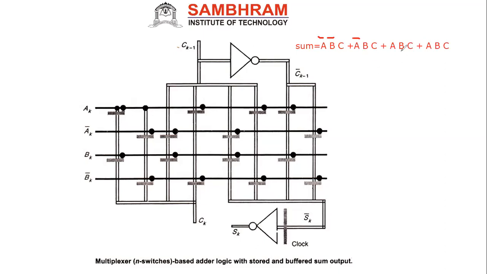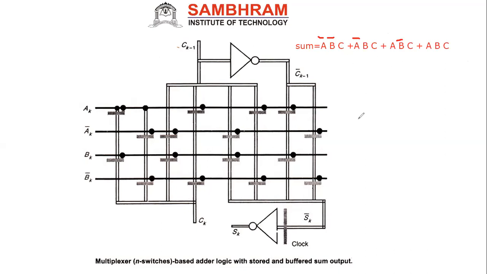Next, 1, 0, 0. Next, when do I get sum equal to 1? 1, 0, 0. Then when all are 1, we get it like this.